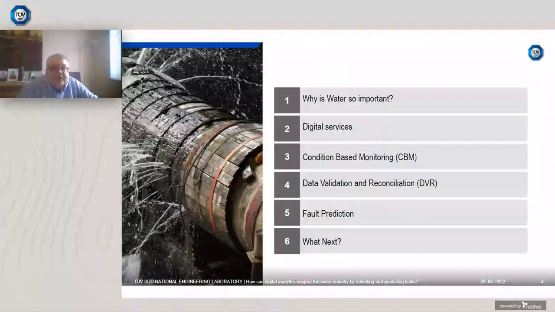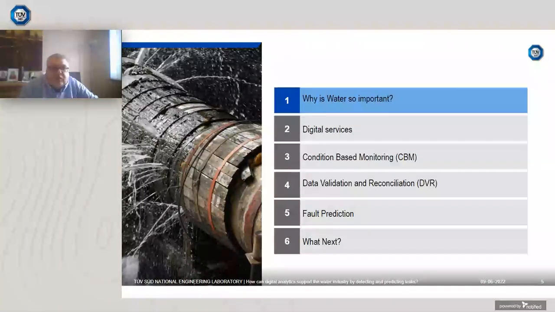I'll then go through a series of case studies that show how NEL have developed the various digital tools, explain how these have been used in practice, and then how these can be modified to be used for water. Then I'll go on to explain what work needs to be undertaken to develop a fully functional software suite that can be used by the water industry to locate and predict leakage in water networks.